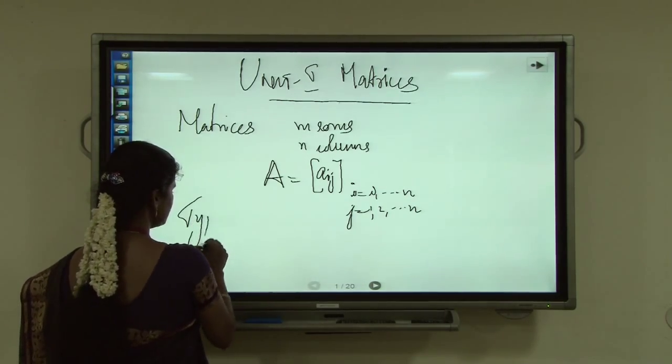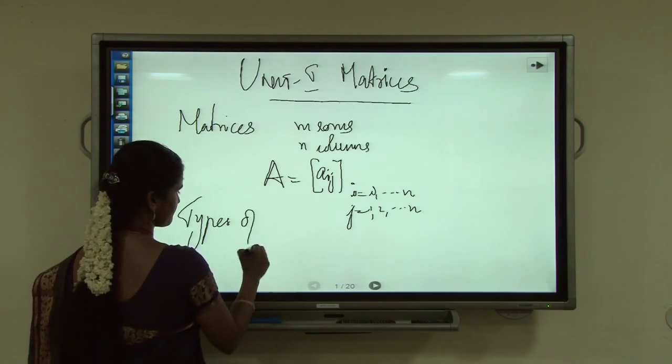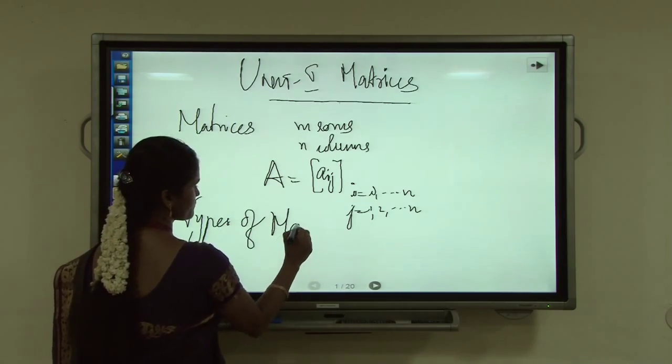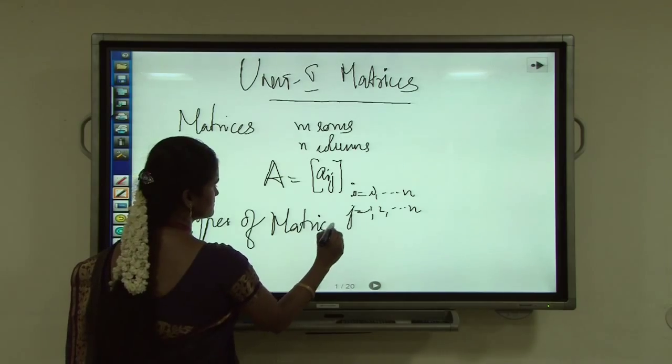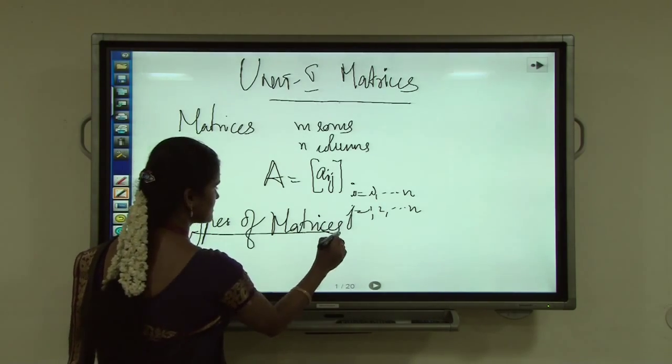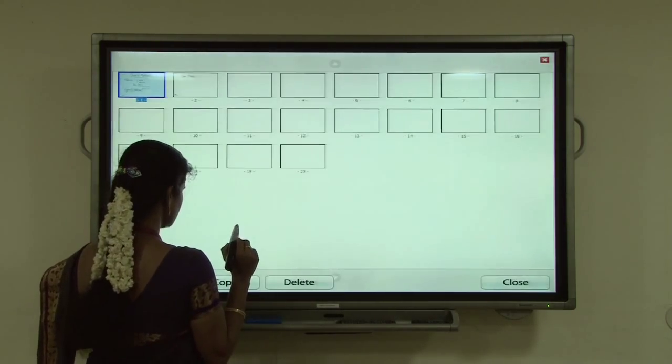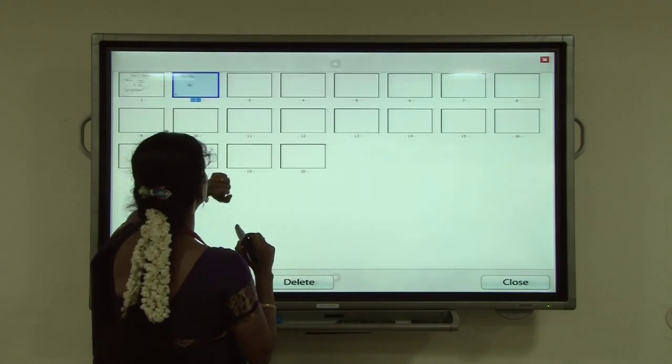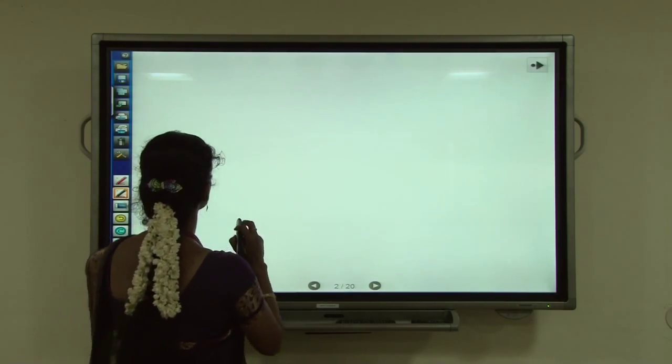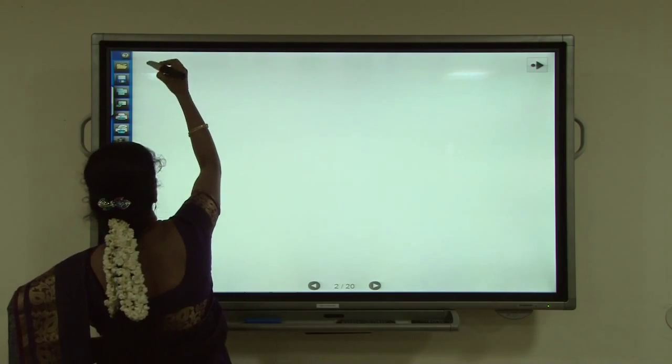Regarding the types of matrices, there are many. We can list out many types.